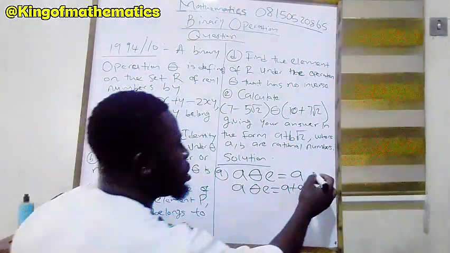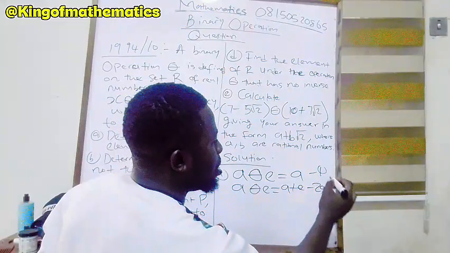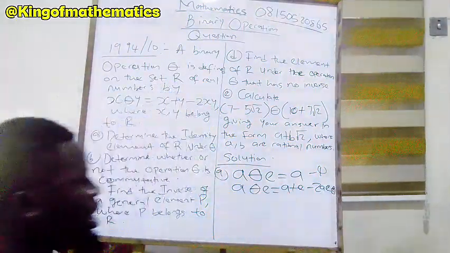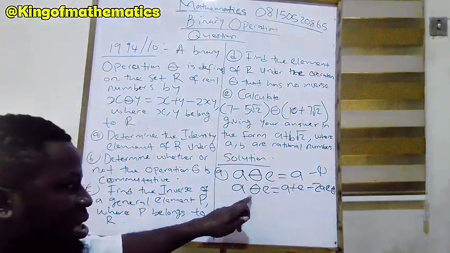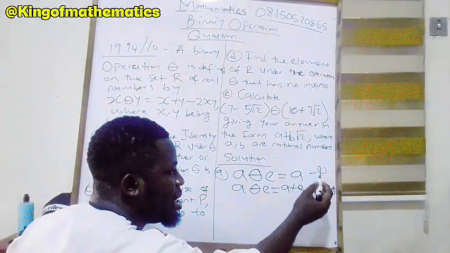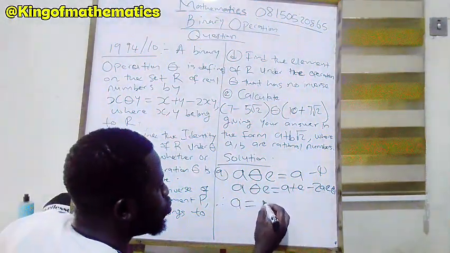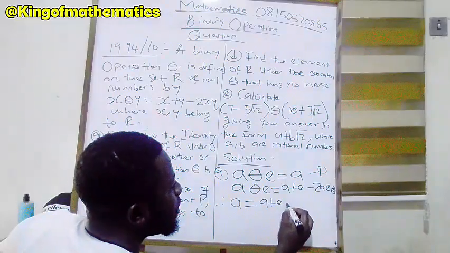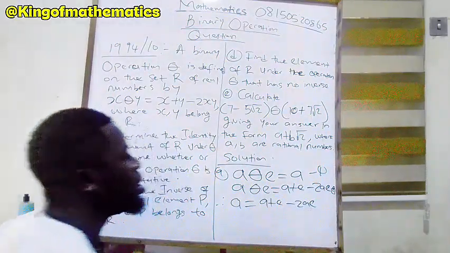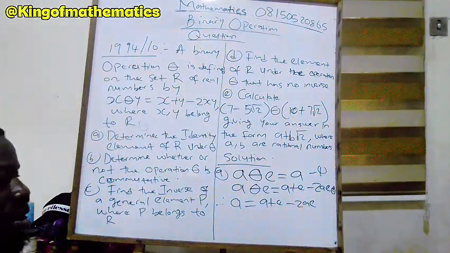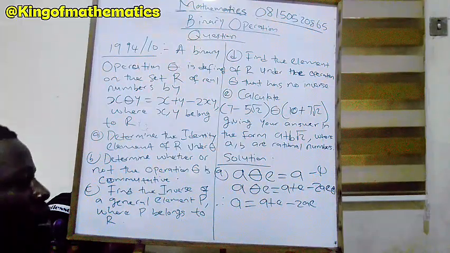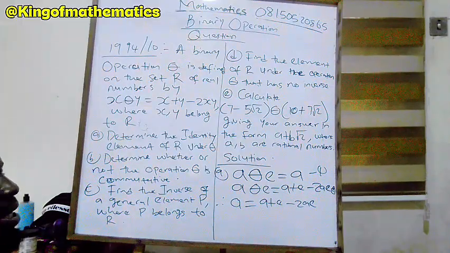That's equation 1, and this one is equation 2. If this is equal to this and this is also equal to this, I can say this is also equal to this. Therefore, A must be equal to A plus E minus 2AE. Once you've done that, the next thing is you collect like terms.